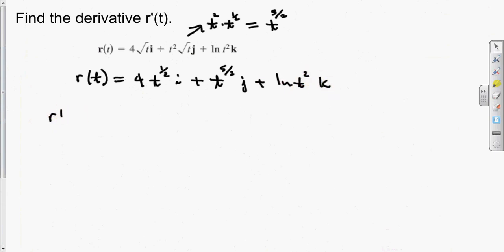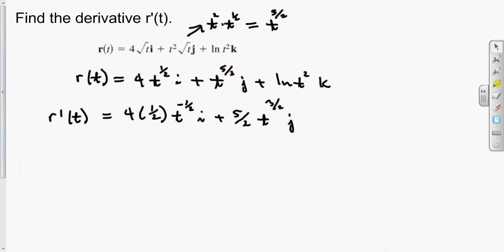So then we find r prime of t. So this is 4 times the half times t to the negative 1/2 i plus 5/2 times t to the 5/2 minus 1, or 5/2 minus 2/2. That just gives us 3/2 j plus, you remember the derivative of the natural log is 1 over the term times the derivative of the term.